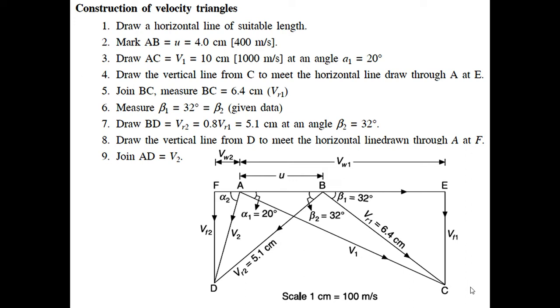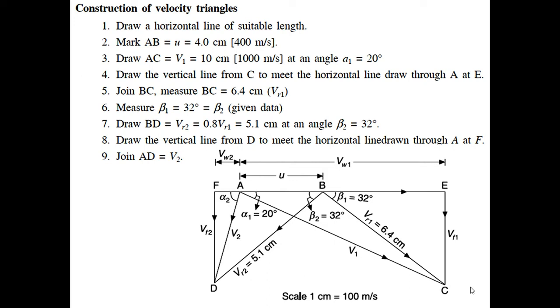First you draw a horizontal line of 12 centimeter or 10 centimeter, and on that line you fix U, or fix one left side point A. From A, V1 and alpha 1 are given in the problem. V1 is 1000 meter per second, so to scale it means 10 centimeter.